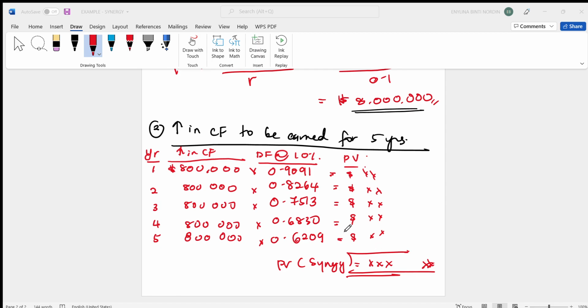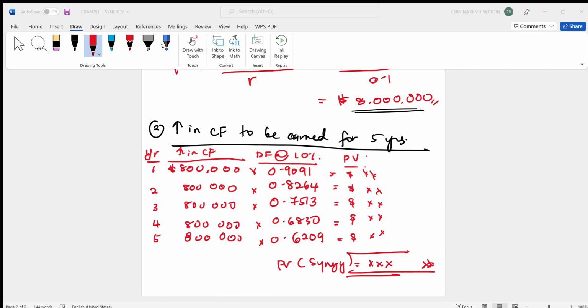You can see the annuity table, 10%, 5 years. So this is the reading, 3.7908. And then you straight away multiply the two values.